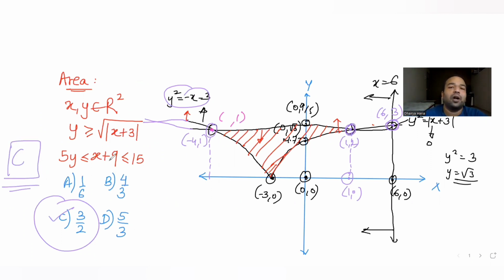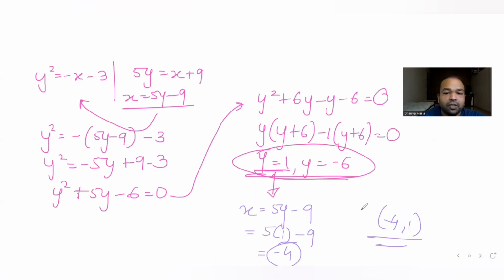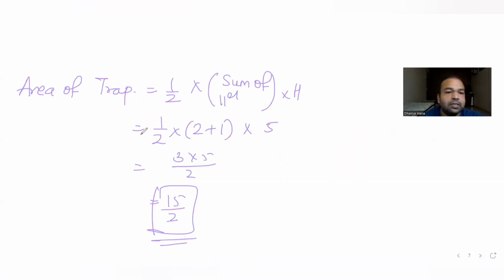I hope you have understood how to solve these questions where you have to find the areas of regions. So first we figured out the two curves of parabola, then two straight lines, then we found out the common region, that was basically the region in red. Once we figured that region out, we found the points of intersection of the parabolas with the lines.